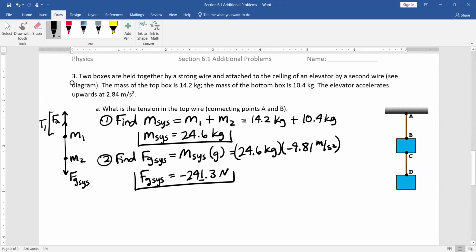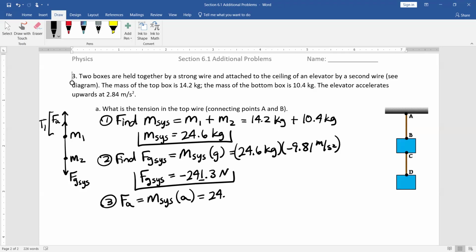The only other thing I need to do is find the force that's being caused by the acceleration. That is F_A, the mass of the system times the acceleration.